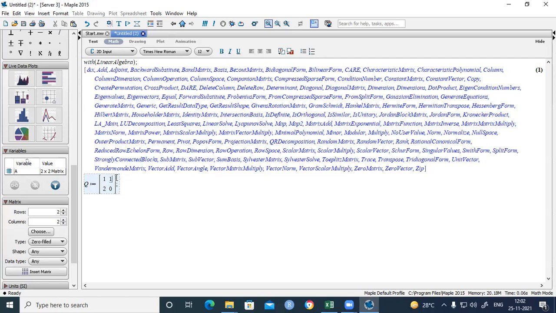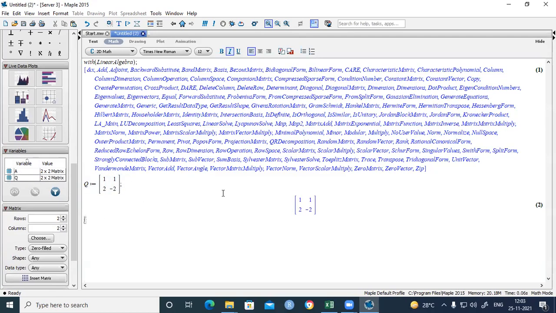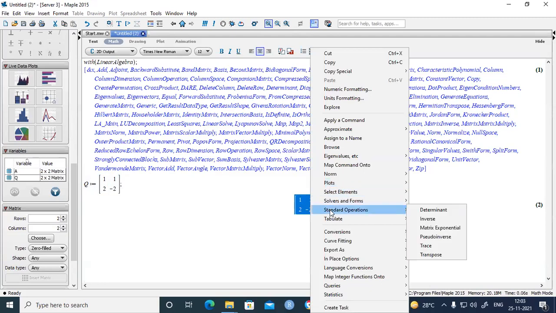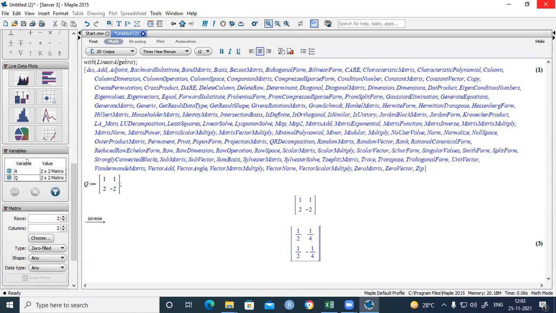I can save some time, but if it is a matter of concept, then they are actually not very faithful. This is the matrix. Select the matrix, find the matrix inverse, see standard operation inverse. It will be half, 1/4, minus 1/4, half. Let me write it over here. Half, 1/4, minus 1/4.